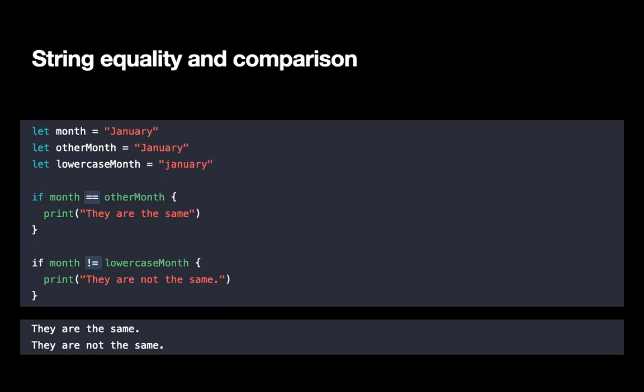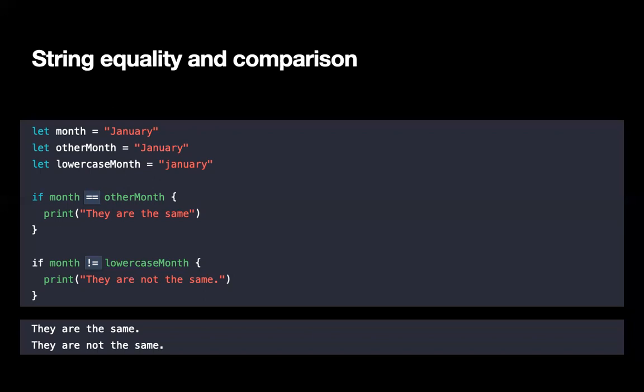And a third constant, lowercase month, where we have January written in lowercase. Now, if you want to compare two strings for equality, you can do that with the syntax here, like in the slide, you can see: if month equal to other month.